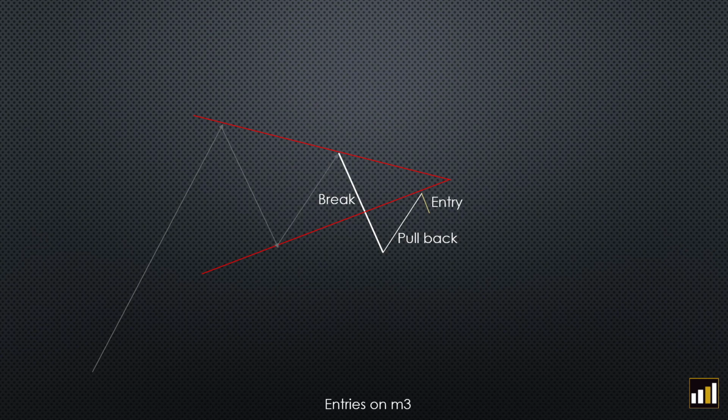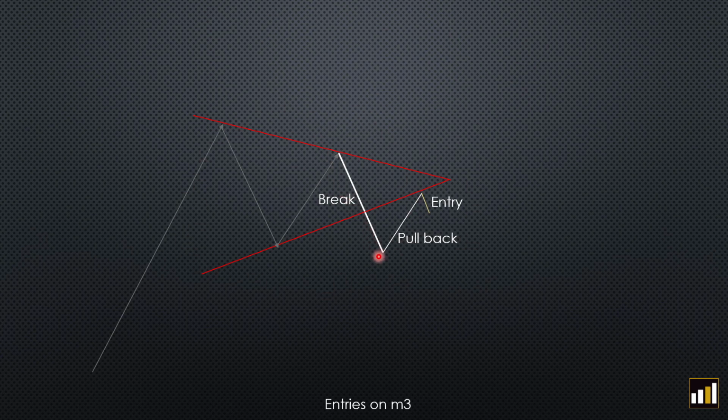So if prices are trending long and your targets are up here somewhere based on your 480, and your 240 is pointing in the right direction, pointing long, then you are looking for an M6 structure to break.